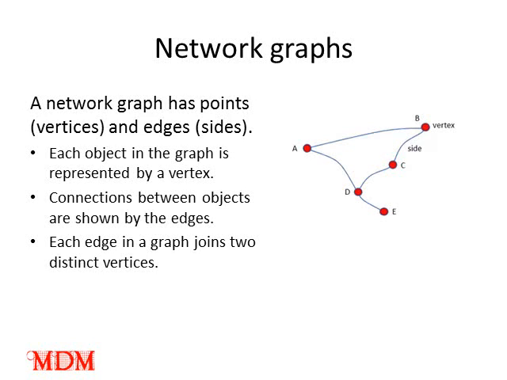Each object in the graph is represented by a vertex. So an object could be a computer, or computers in this case. There'd be 5 of them. Or it could be houses, mailboxes, parking meters, a number of different things. And then connections between the objects are shown by the edges or the sides.